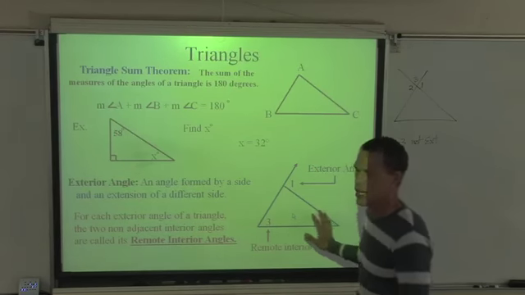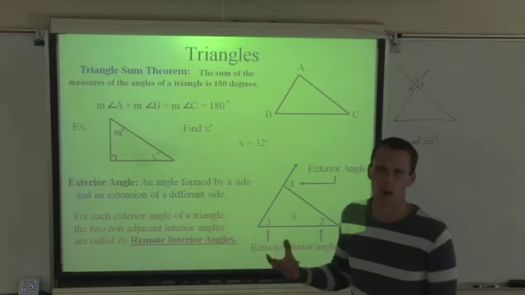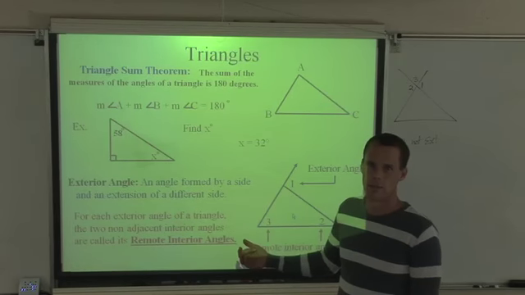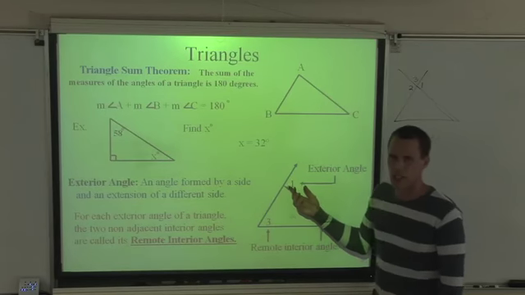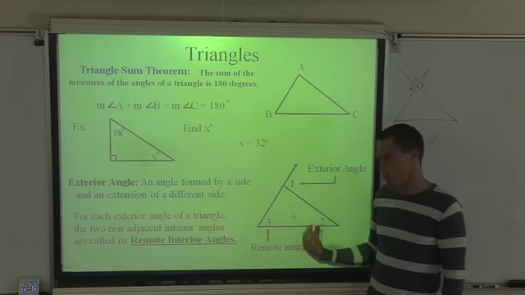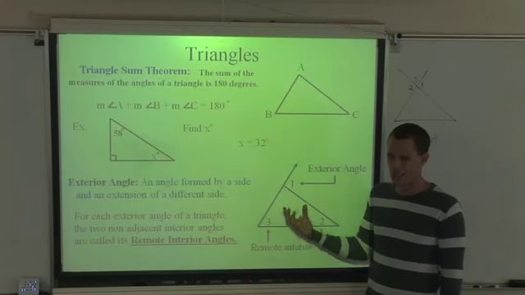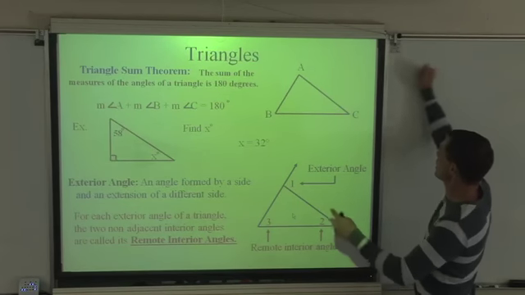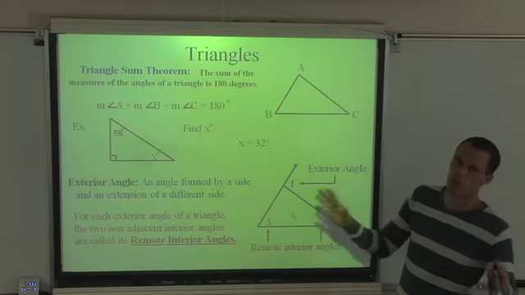We would never call angle 2 and 3 remote interior unless we had already asked ourselves about 1. Angle 1 is exterior. Angle 2 and 3 are remote interior angles to angle 1. Only in relationship to angle 1.